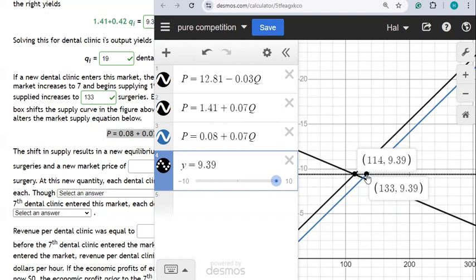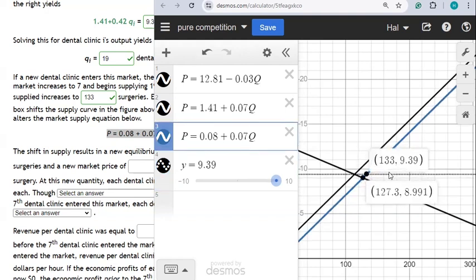So what ends up happening is the dental clinics want to put the customers back in their chairs. So they start lowering their price. And they lower their price to here, right? The price is initially $9.39 thousand, but only 114 people are buying the 133 dental services supplied.